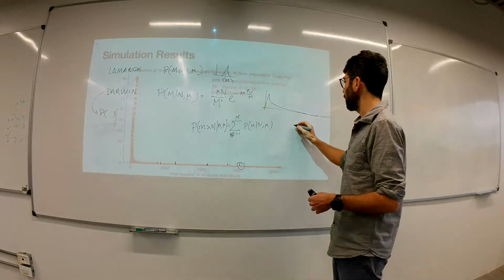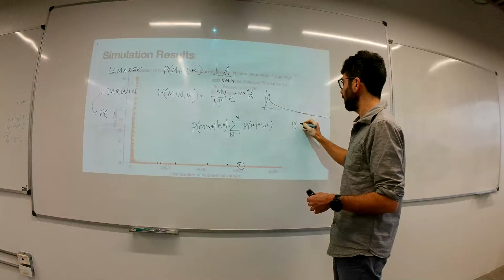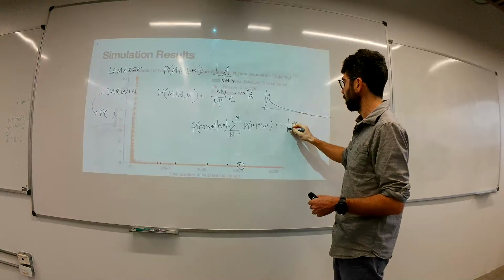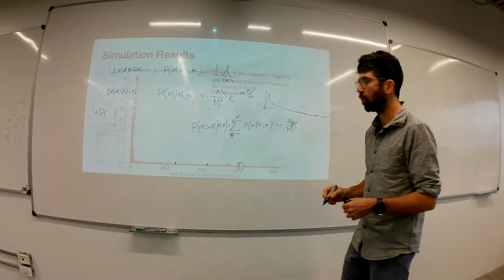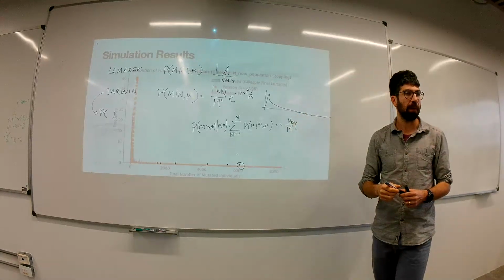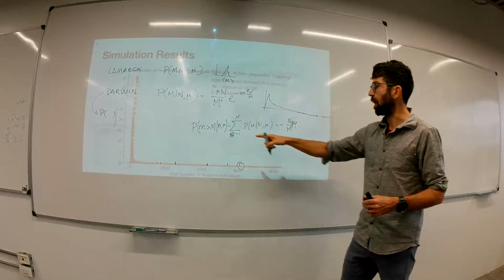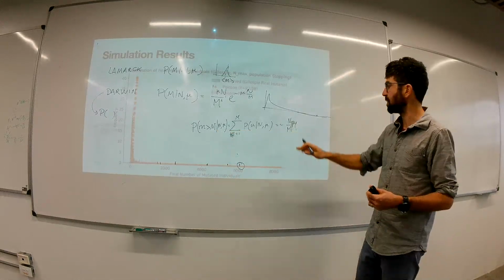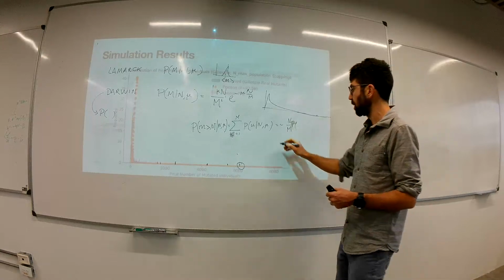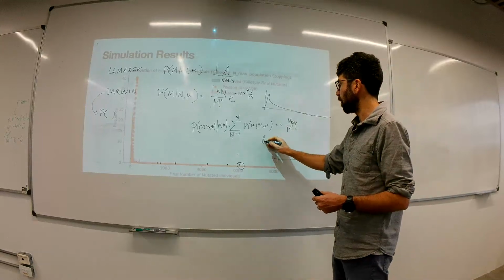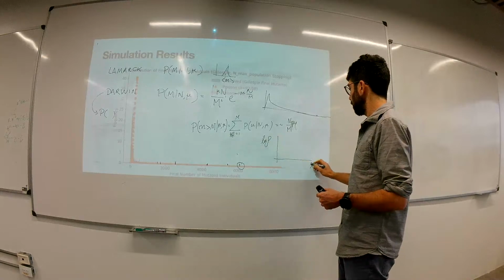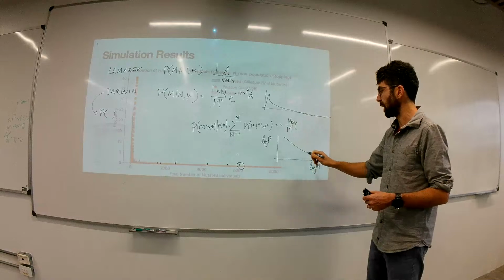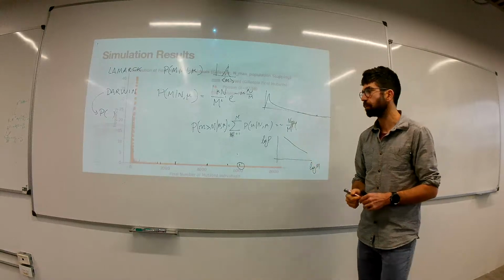If you do the calculation, what you get is that this probability should be something like 1 over n, times mu over n. So you have something that scales as n mu over n. And when you have something like this, a smart way to plot it is to look at log p versus log n, because if you plot it like this, it looks like a line.